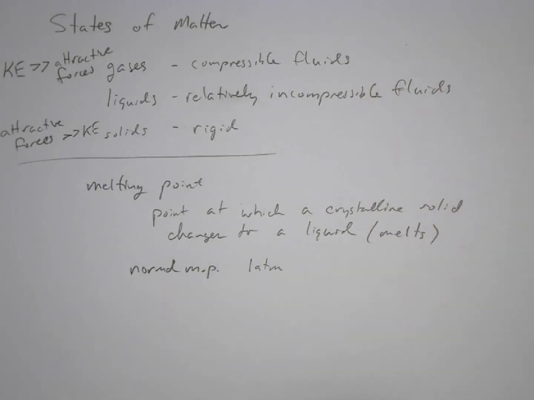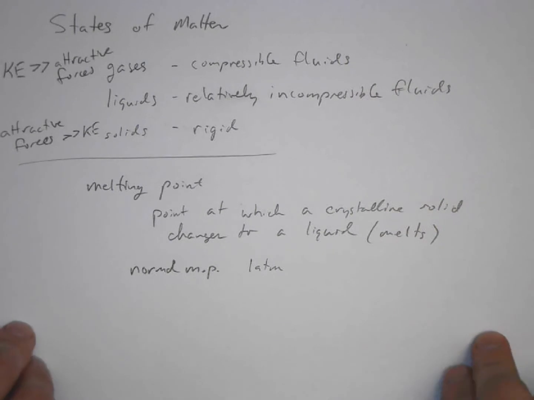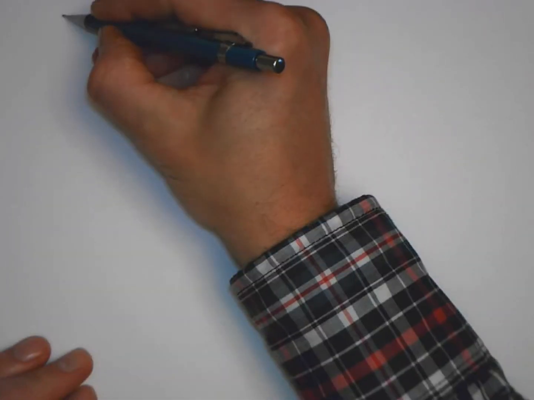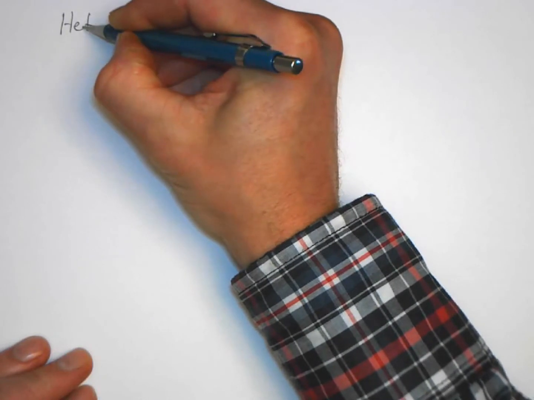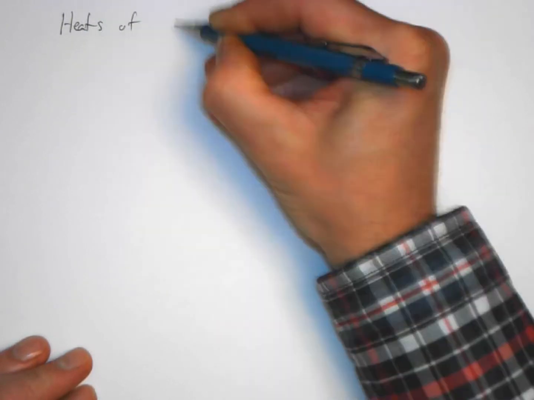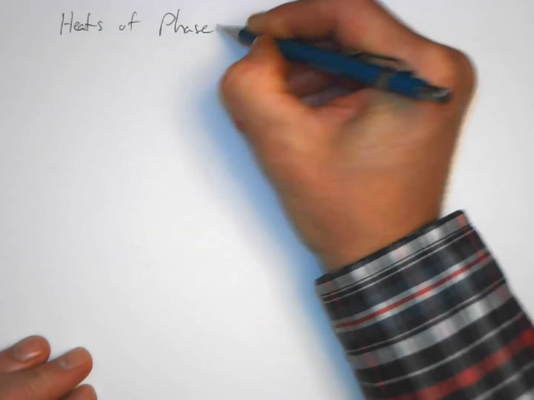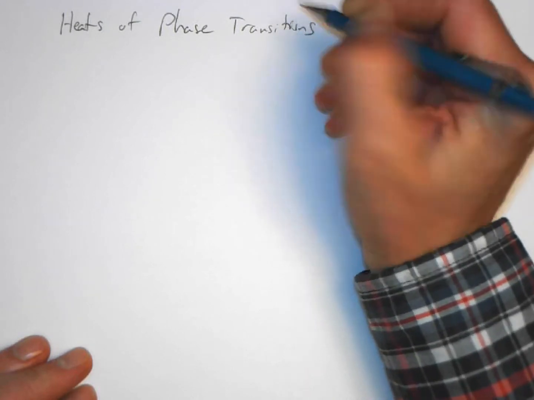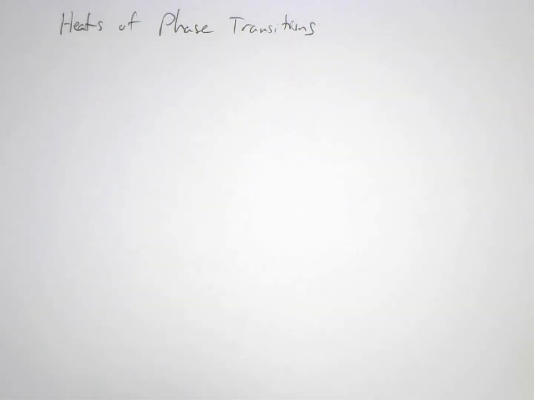Let's think next about heats of phase transitions. What's happening when we melt or vaporize or condense? Let's think about the energetics of those processes. So the energy is involved in a phase transition.